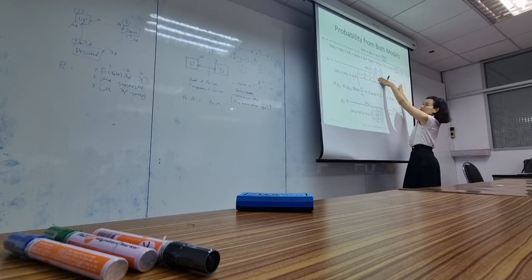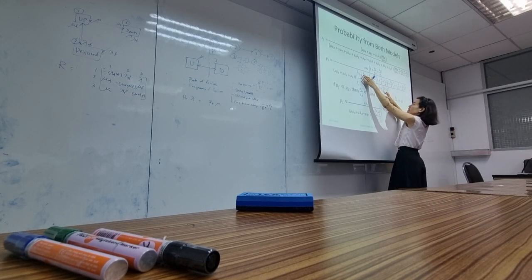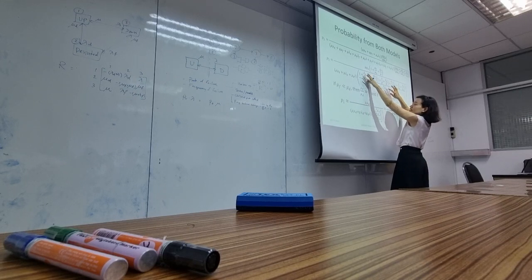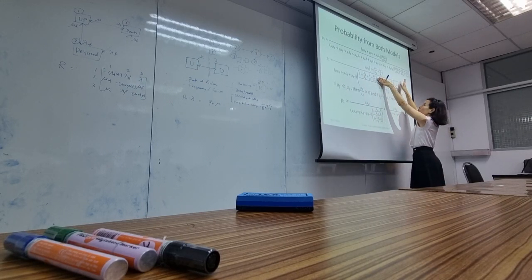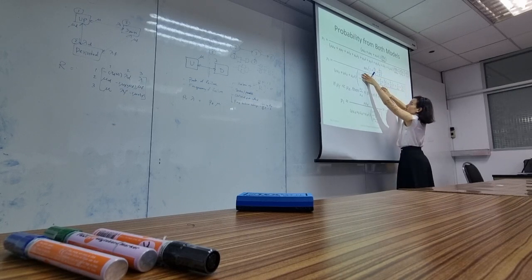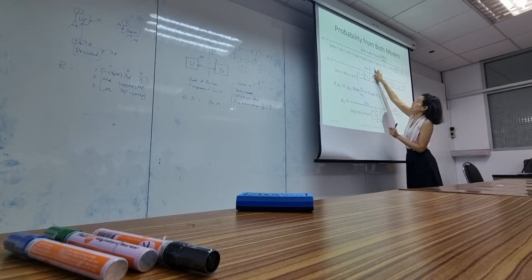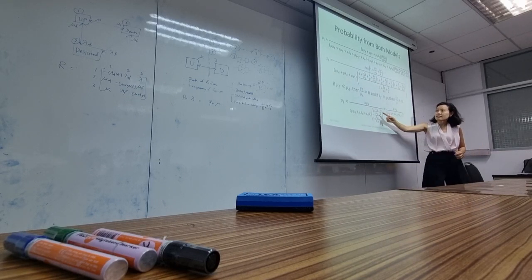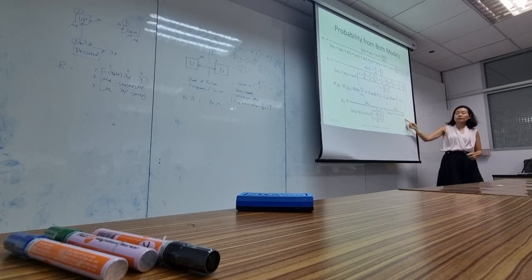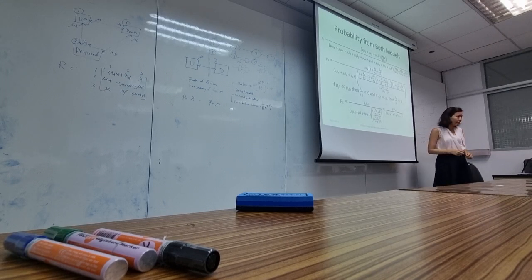If these two become 0, then these two will cancel out, right? These two become 0, these cancel out, and that's why you just get this. It will be this approximation.